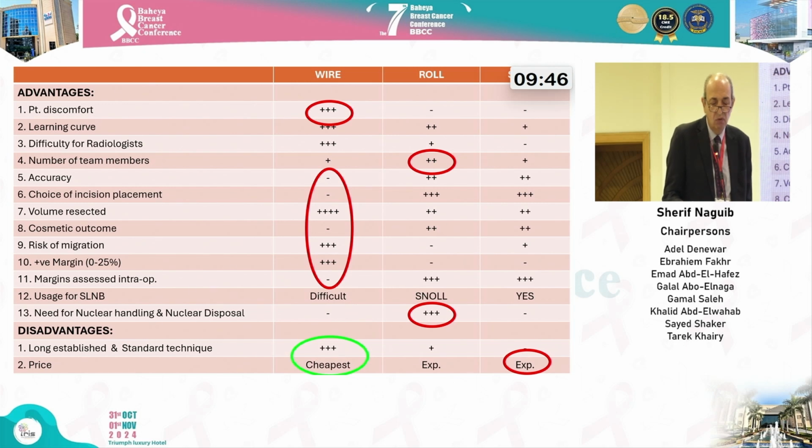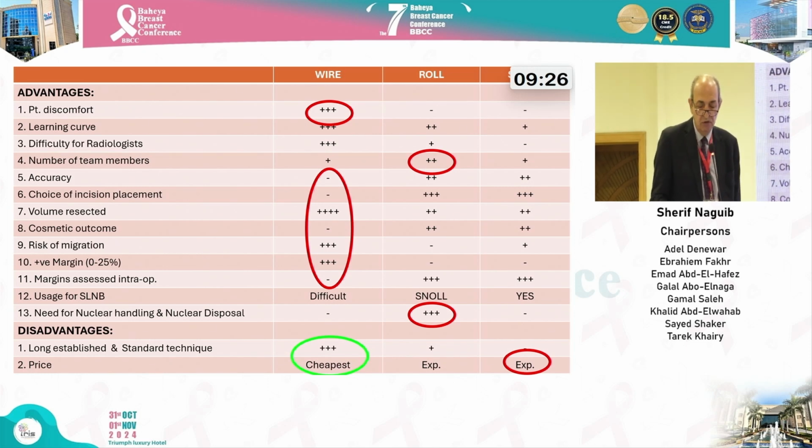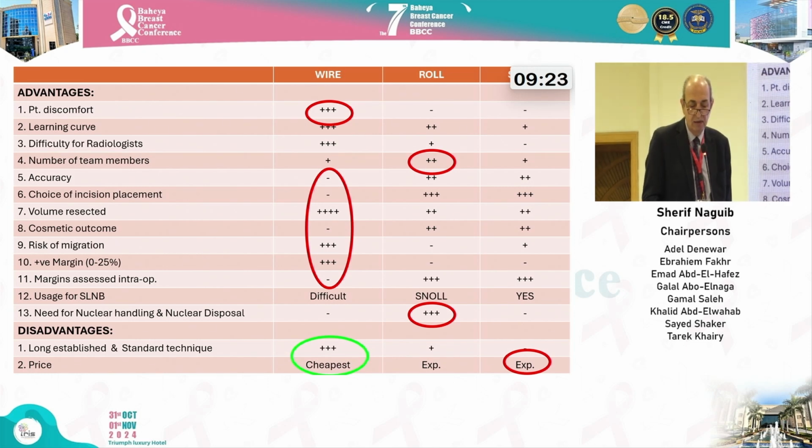It doesn't allow the surgeon to choose the site of the incision because he is stuck with the point of entry of the wire, which is not always the most cosmetic place for an incision. The volume resected is the largest one of all. Cosmetic outcome is the worst of all. There is a risk of migration for the wire, and up to 25% of the time, there is a positive margin during frozen section examination.